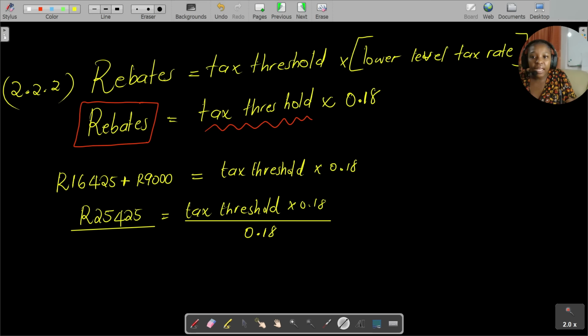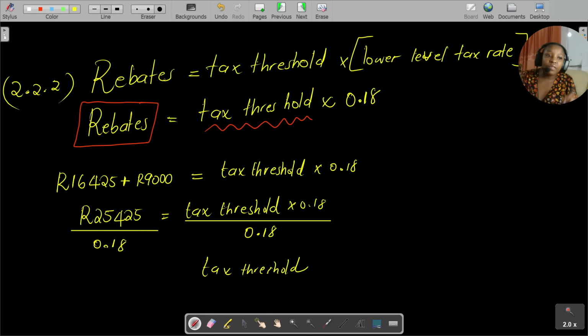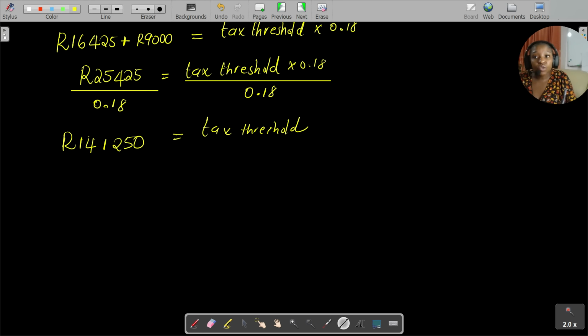If you divide by 0.18, that means the tax threshold amount for individuals above 65 is equal to 25,425 divided by 0.18. You will get that it's equal to 141,250. Right, so that is the tax threshold.